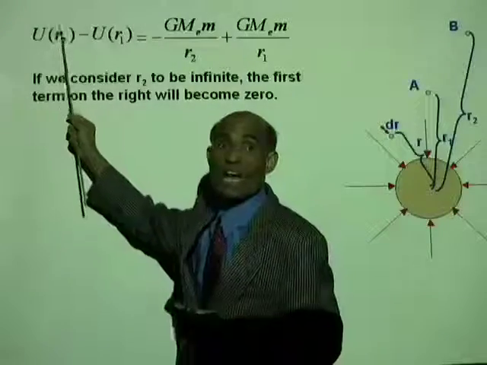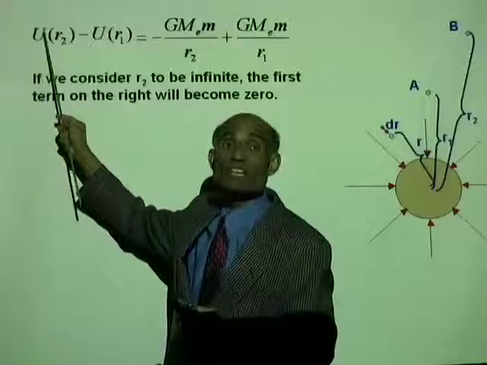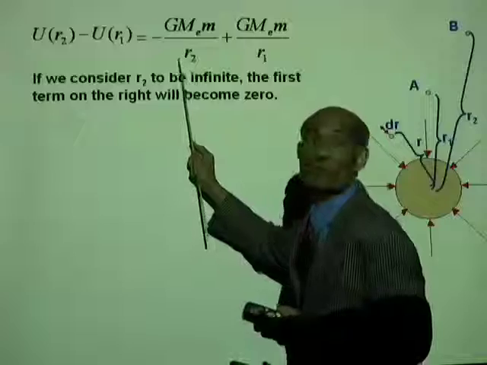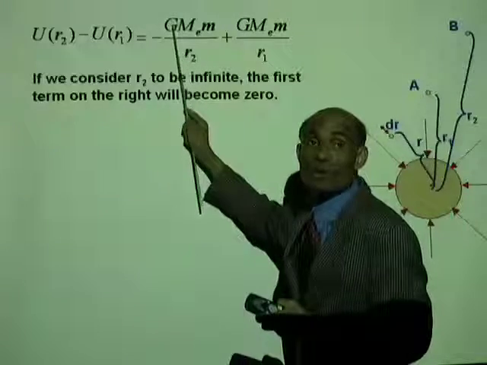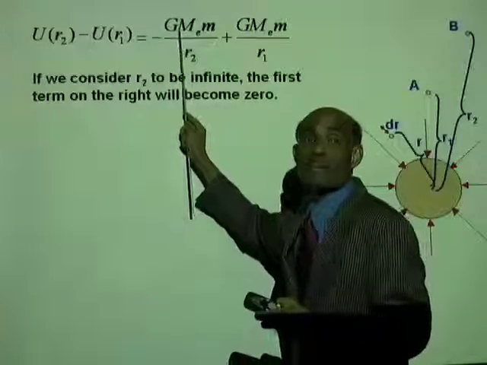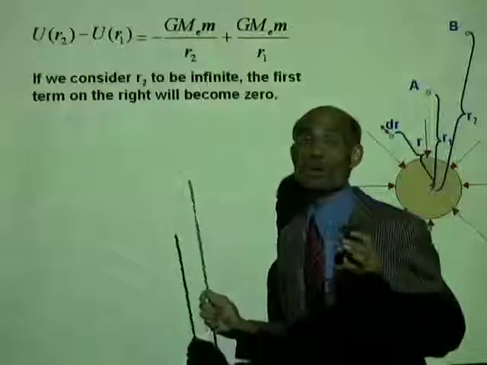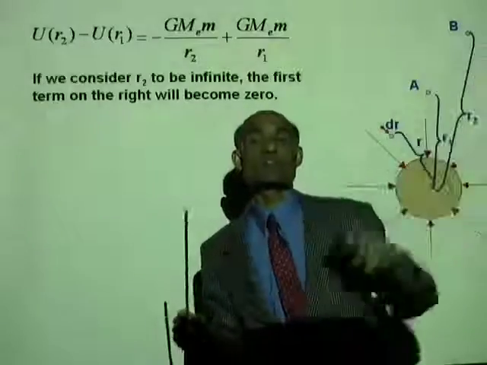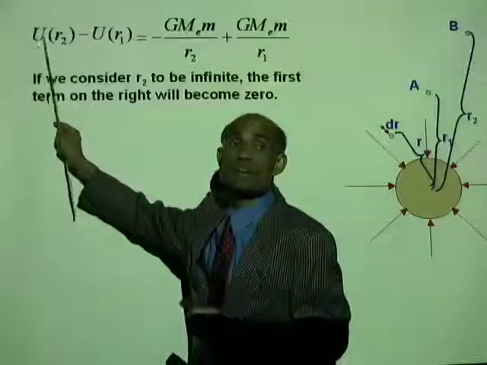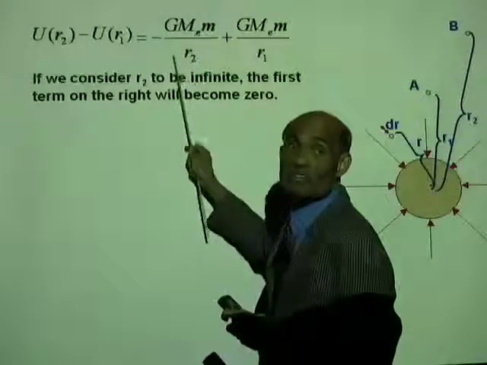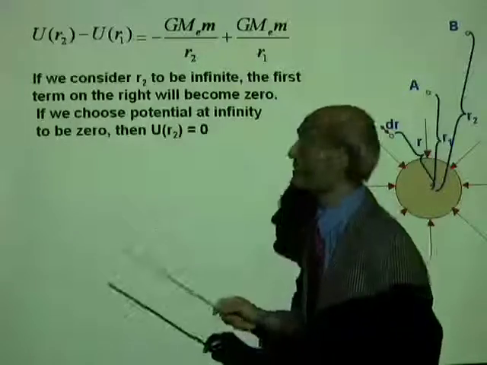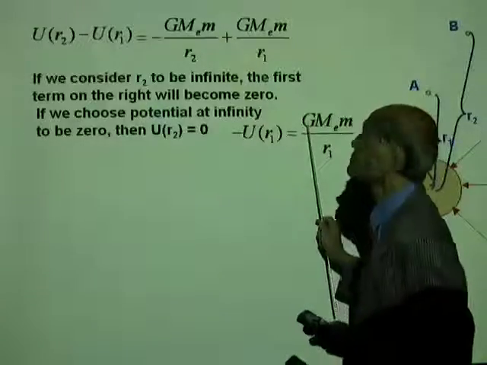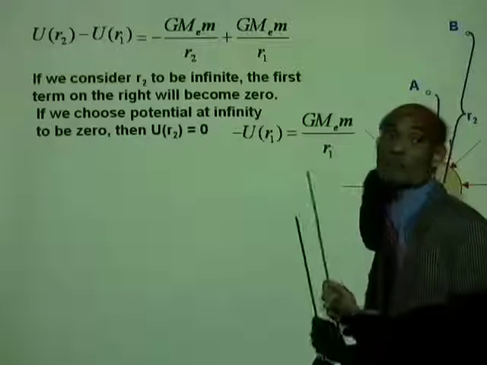The potential at infinite distance from the Earth is 0. Also, when R2 becomes infinity, any quantity divided by infinity will be 0. So the moment we say R2 is an infinite distance from the Earth, it reduces this term to 0 and this term to 0, and that gives us negative U(R1) is G M_E M over R1.